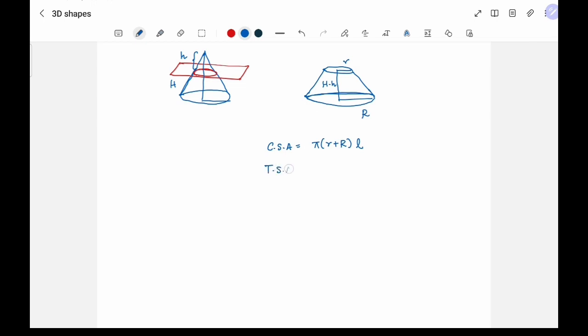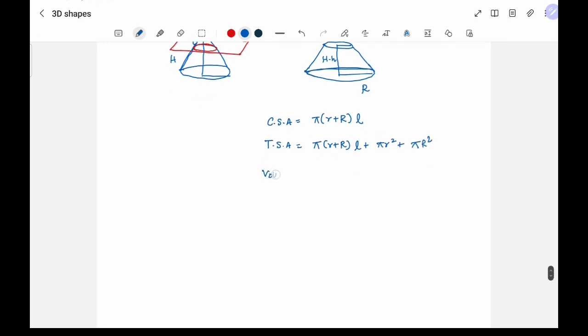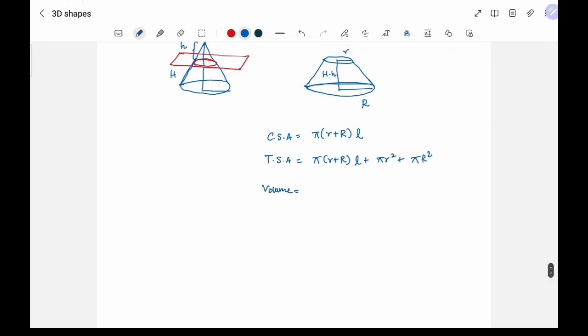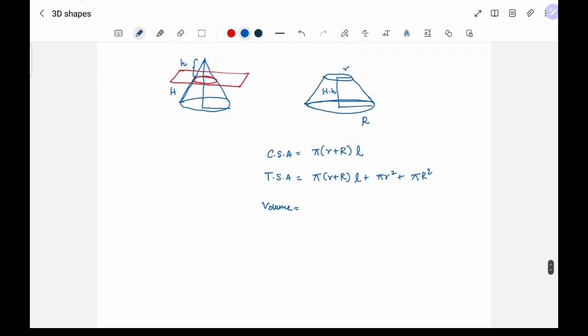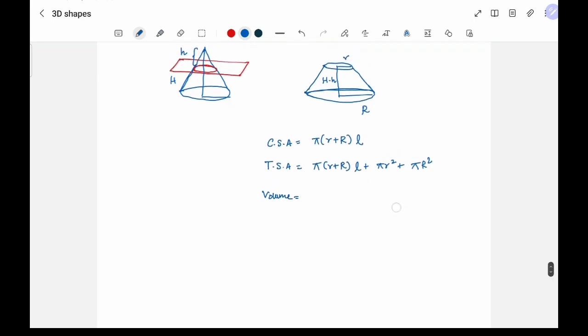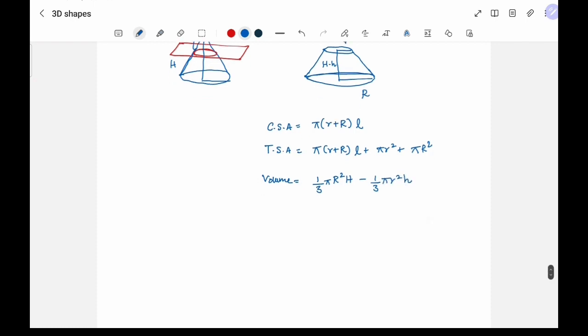So total surface area is pi into r plus R into L plus top pi r square plus bottom pi R square. So volume is nothing but the volume of the big cone minus the volume of this cut part of the cone, right? It is 1/3 pi R square H minus 1/3 pi r square small h.